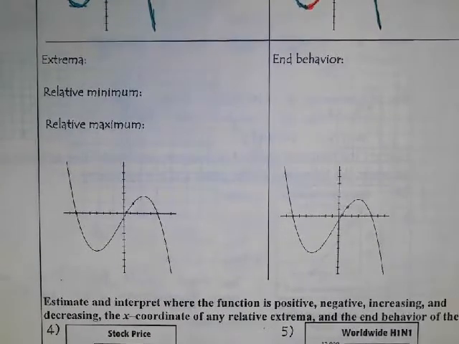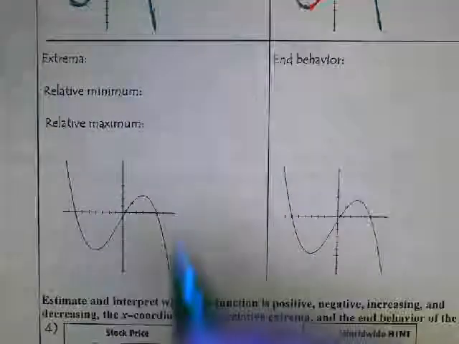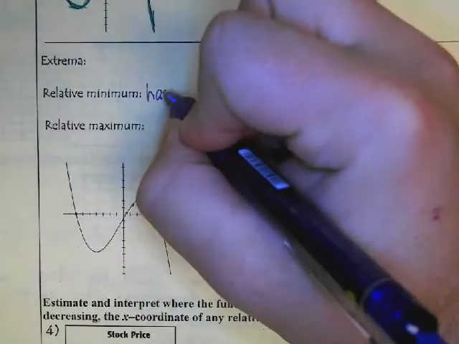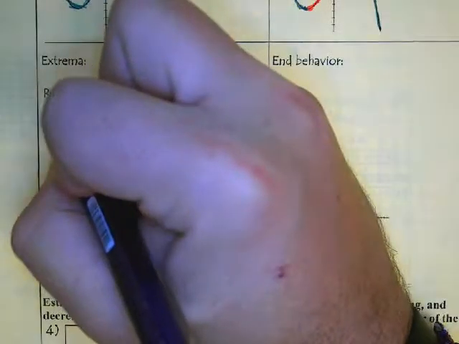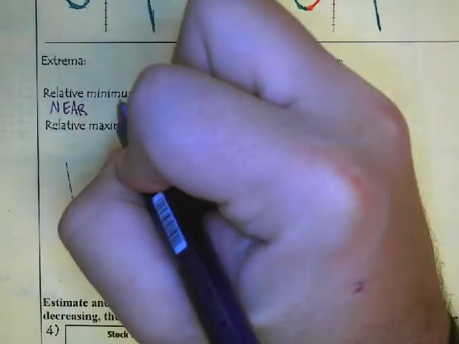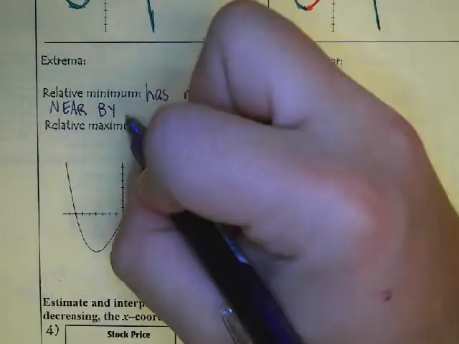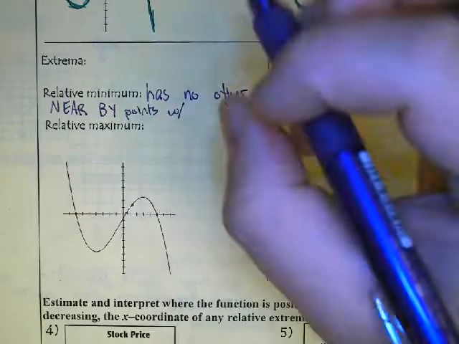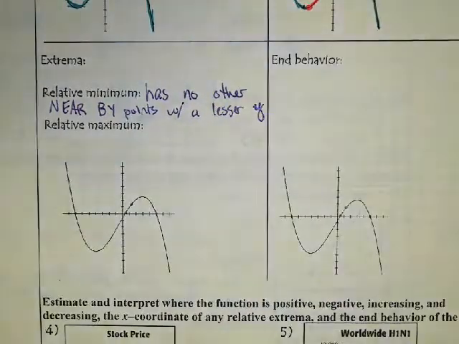So extrema are our relative minimum and our relative maximum. And a relative minimum has no other nearby points with a lesser y. So nearby means like very close to it.